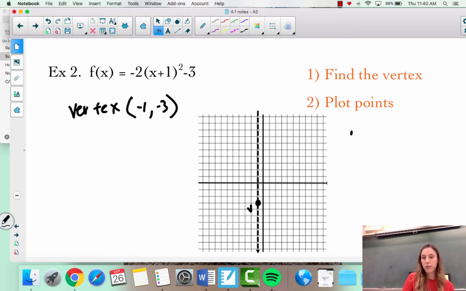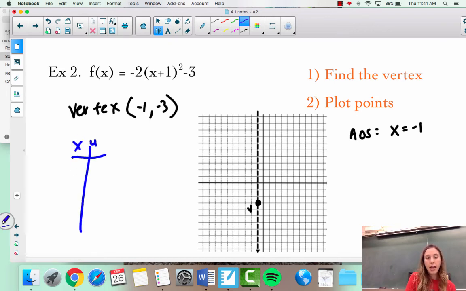So the axis of symmetry would be at the equation x equals negative 1, because it has to match the x. And then the rest is just to plot some points. So make a table if you wanted. And I'd pick points to the left of your axis of symmetry and to the right. So maybe you plug in 0 and 1, and then also plugging in negative 2 and negative 3. As long as you get a variety of points on both sides, that's all that really matters.